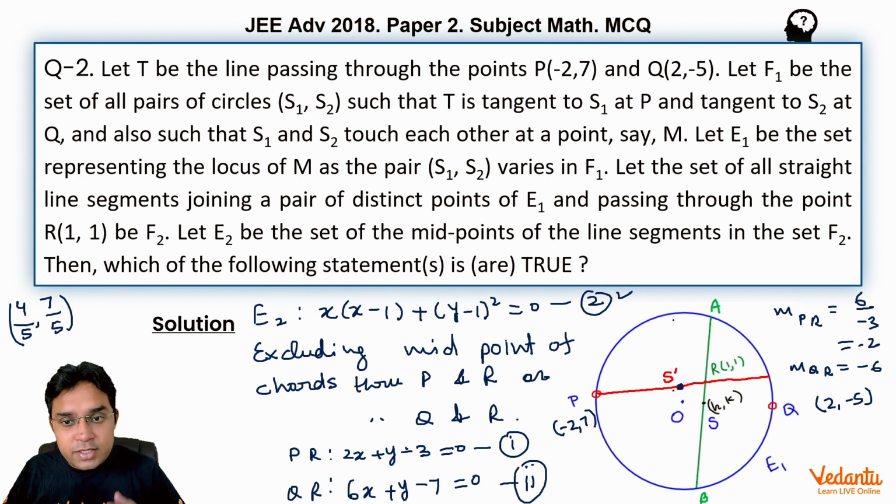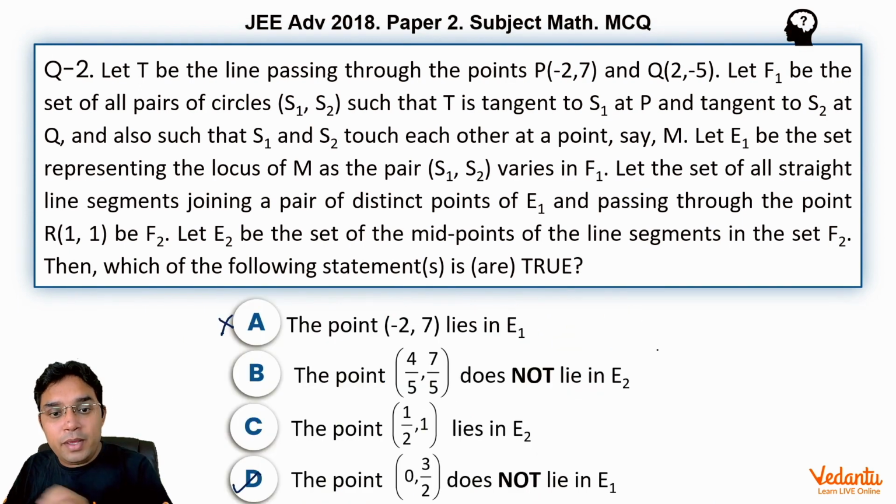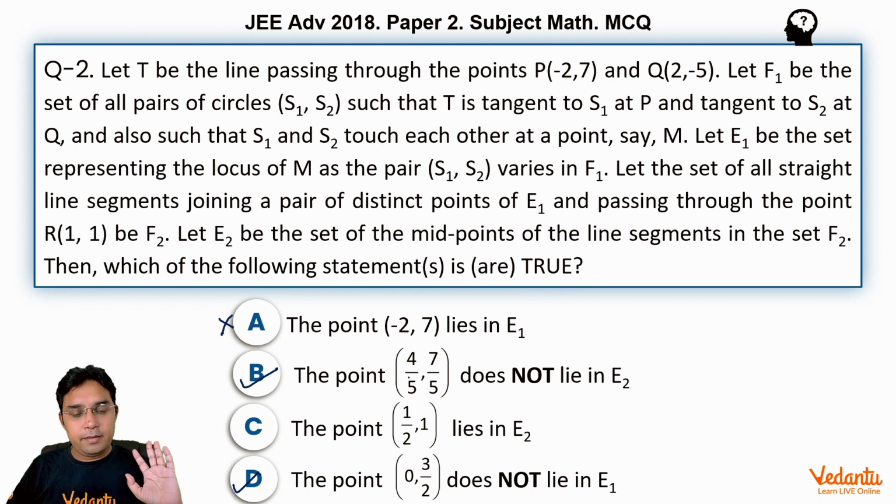So it satisfies equation number 2, but this point is also satisfying equation number 1. You can check: 8 plus 7, 15 by 5, 3 minus 3, 0, which means this point actually corresponds to that chord which would have passed through P and R. So even though it is satisfying equation number 2, it will not be lying on E2. So this option B is absolutely correct.